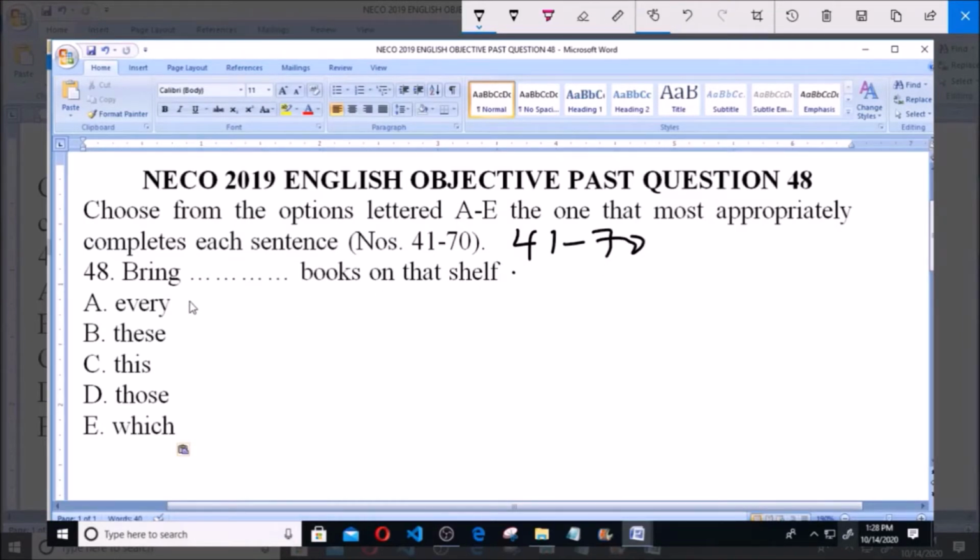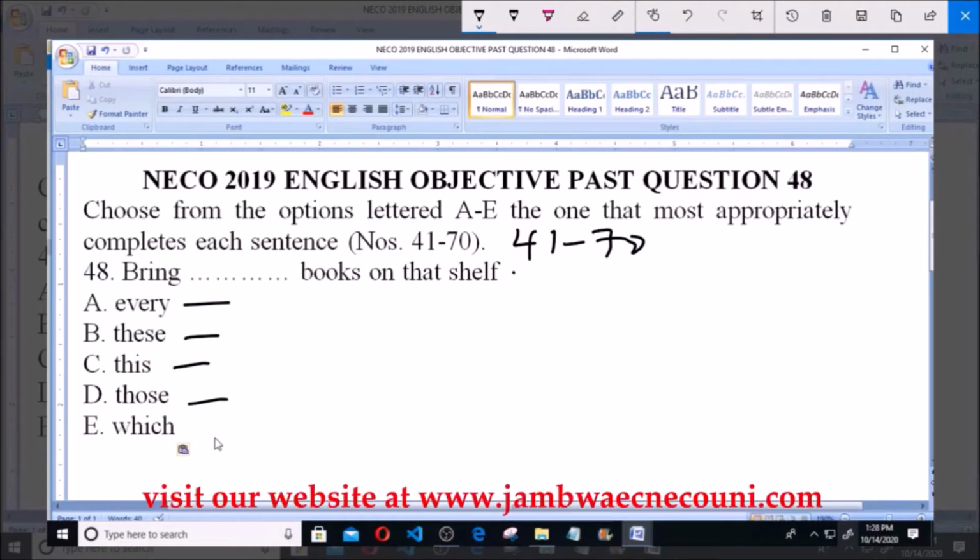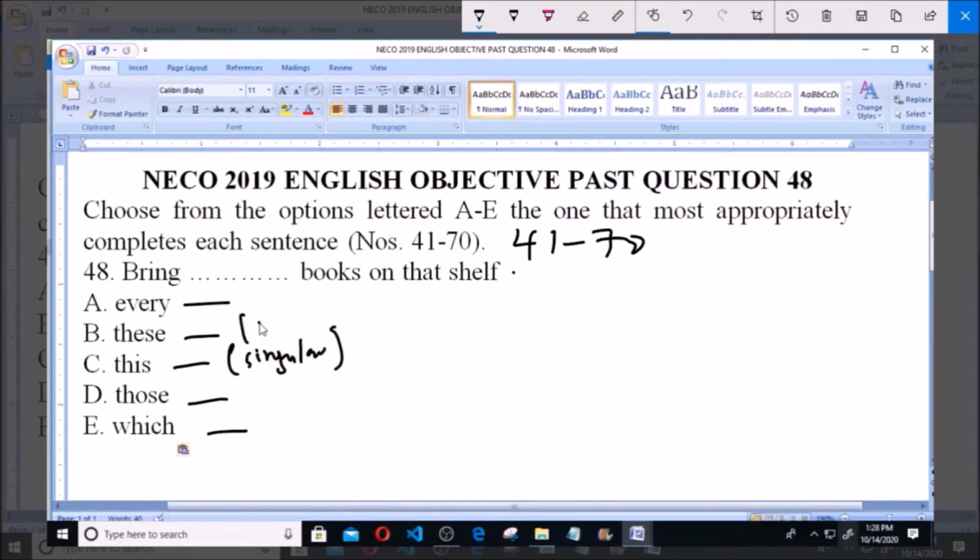Option A says every, B says these, that is plural, this. Option C says this, which is singular. Then option D says those. Option E says which. So this is singular, while these is plural.